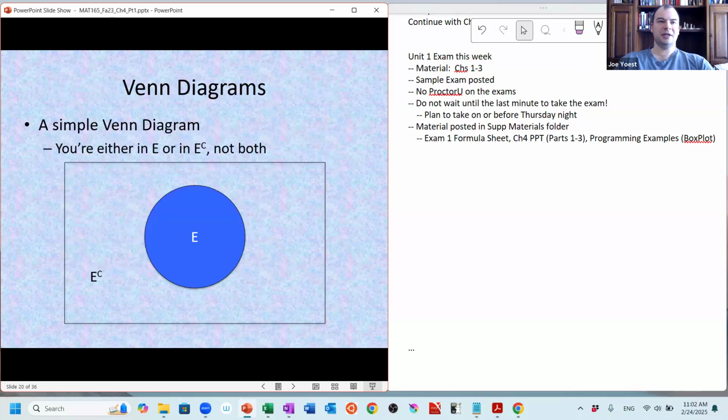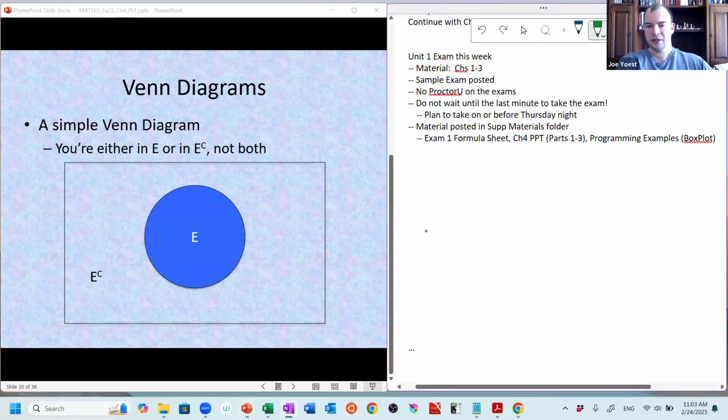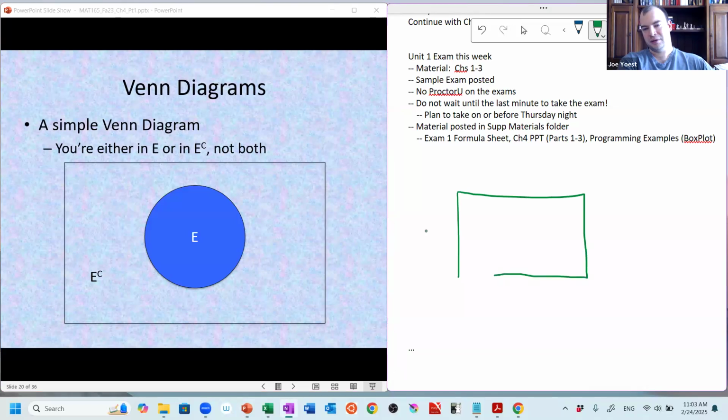Sometimes as a visual aid to help us decipher these different events and complementary events, we'll use a diagram that we call a Venn diagram. A Venn diagram consists of a box, and this is an abstract diagram.